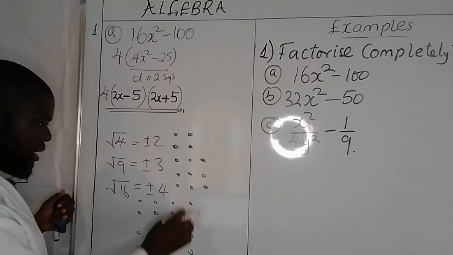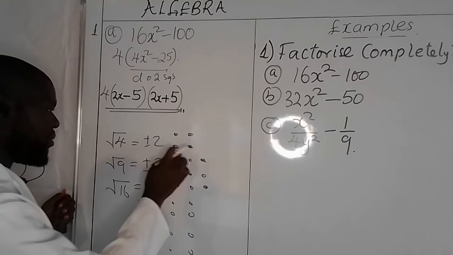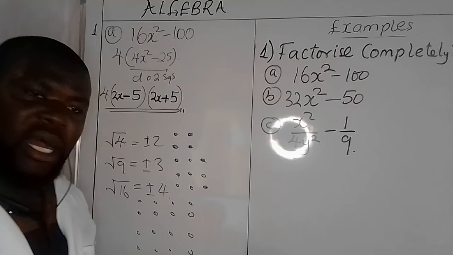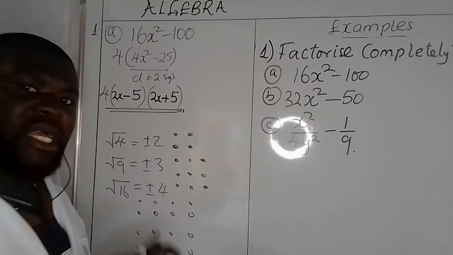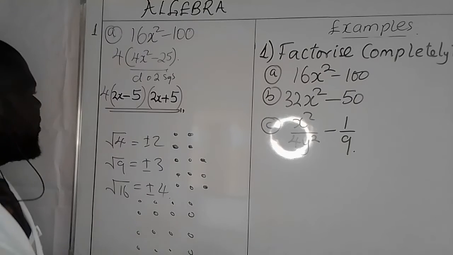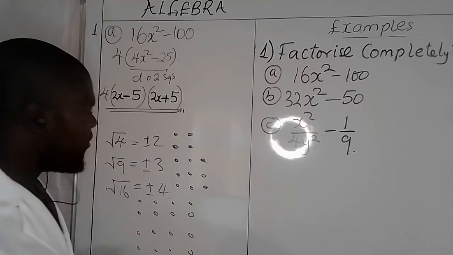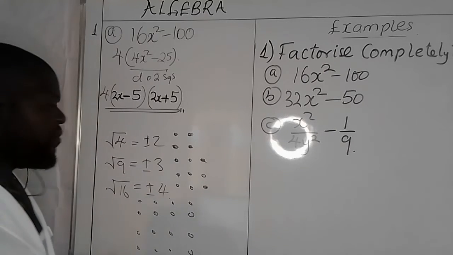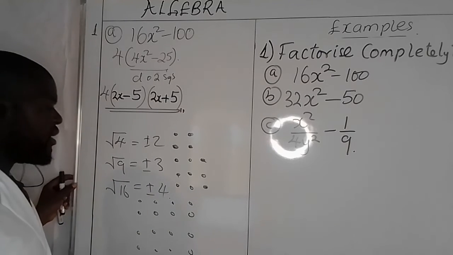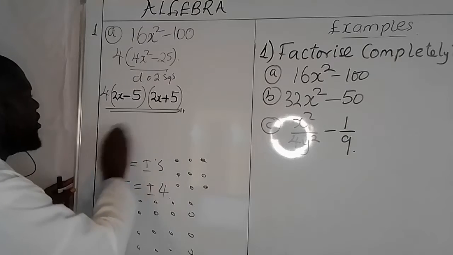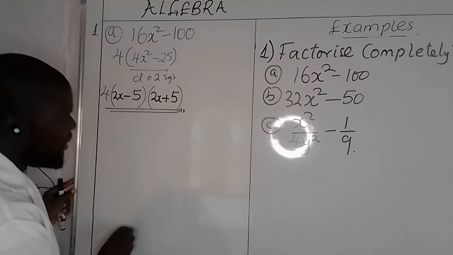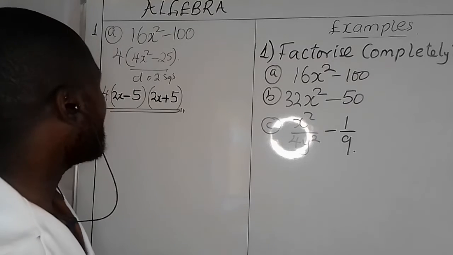All those numbers whose structures are squares are called perfect squares, and their square roots are natural numbers. This is a simple test that helps in factorizing the difference of two squares.